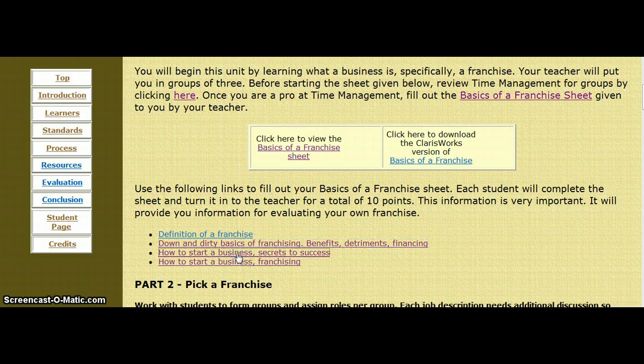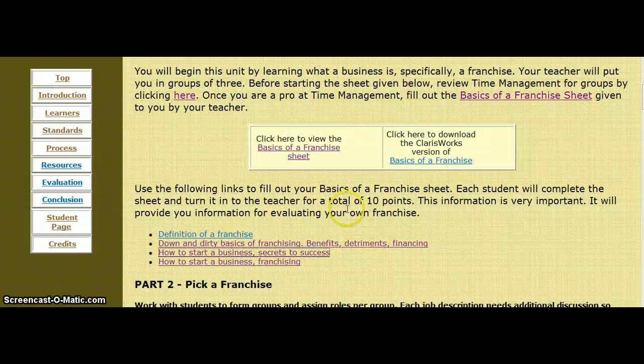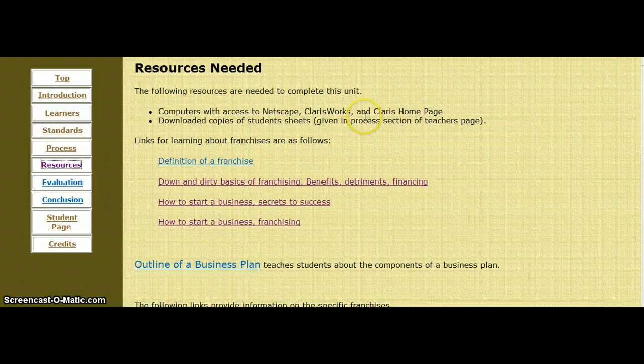But there's a lot of good resources, and there we go, one's not available. So I'd make sure, there's another thing I would change. I would try to make sure that all of my links that pertain to my WebQuest are not temporary links.